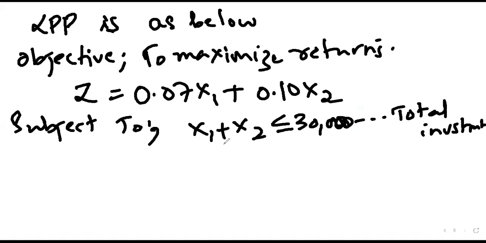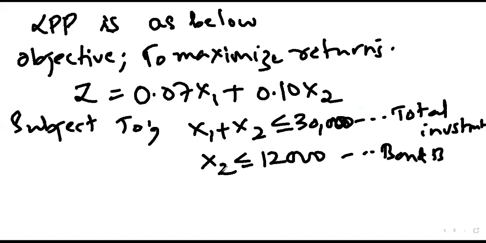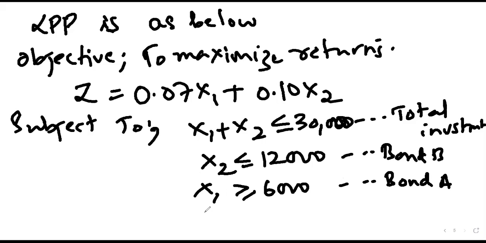Next, what is the next constraint? X2 less than or equal to 12,000. X1 greater than or equal to 6,000. Next, X1 greater than or equal to X2. Or we can write it this way also: X1 minus X2 is greater than or equal to 0.